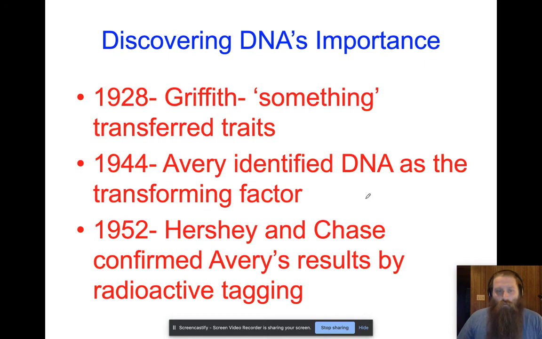In 1944, right at the end of World War II, Avery identifies DNA as what he called the transforming factor. He said, hey, DNA is what codes for this information. And in 1952, Hershey and Chase tagged DNA with a radioactive isotope, which allowed them to track it from cell to cell, and they confirmed his findings. So for about 25, 30 years, scientists are looking closely at this DNA molecule.